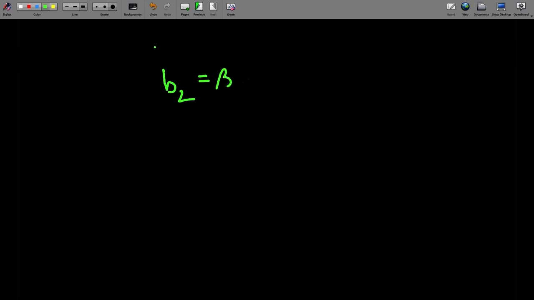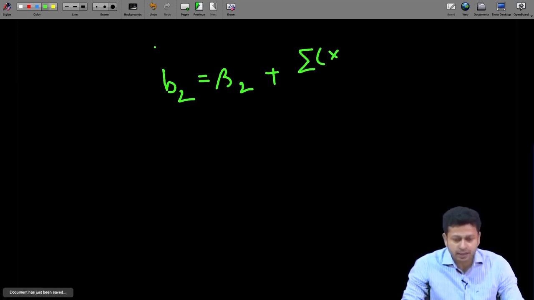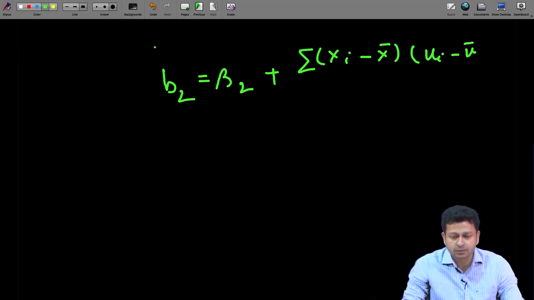Where we derived it as B2 is equal to beta 2 plus summation of (xi minus x bar) into (ui minus u bar) by summation of (xi minus x bar) whole square.